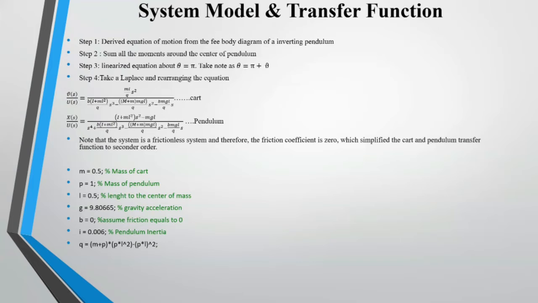Here we have the mass of the cart, the mass of the pendulum, the length to the center of mass, the gravitational acceleration, friction, which is 0, and the pendulum inertia. From these values, we get the real transfer function of our system.